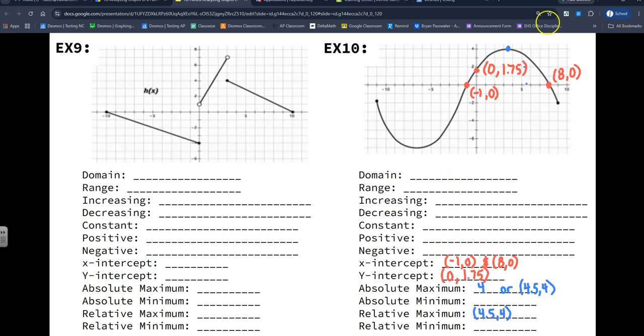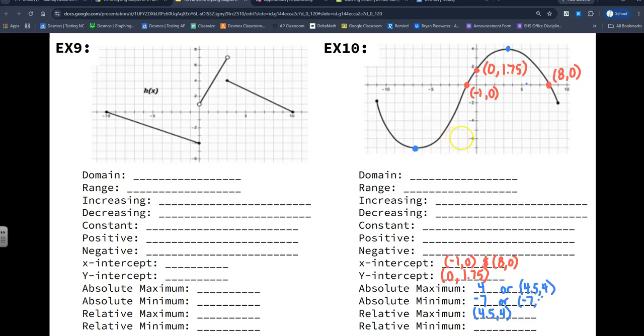There. For absolute minimum, what do you guys think there? What's the lowest value we have on this one? Lowest y value? -7. So right around here, probably, we've got -7. Or we could give the coordinates of the point, which, let's just go with -7, -7. That's pretty close. It might not be.